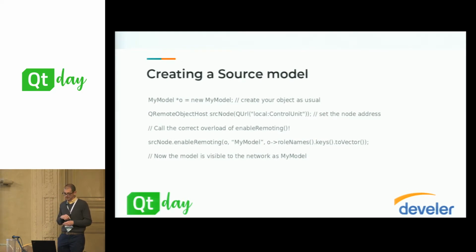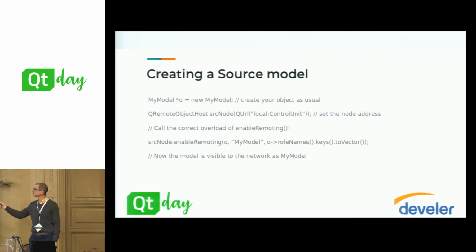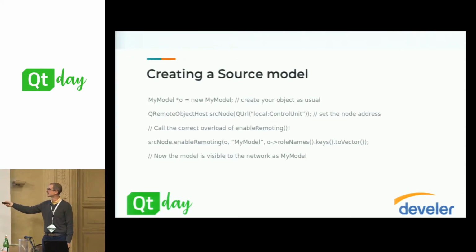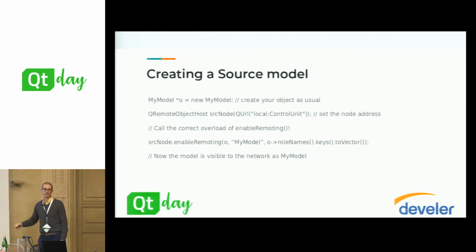Next, it's a bit different if you want to share a model, so an object that derives from QAbstractItemModel. It's a bit different, but not so much. The main difference is that we need to use the correct overload of enableRemoting on the host node, which is the one with 3 parameters.